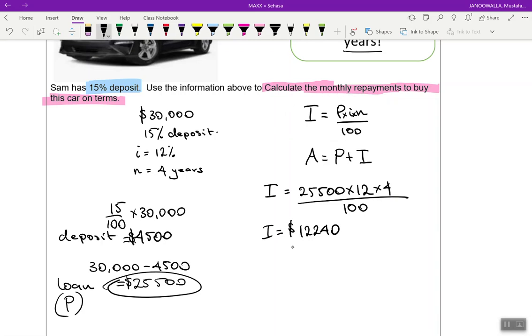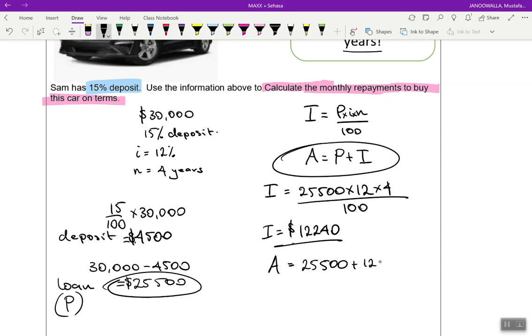We've calculated that. Now we need to have the total amount. So the amount is the principal, the original amount for the car, minus the deposit he already paid, so 25,500, plus 12,240. That's the interest that's going to be paid to the bank for lending him the money.